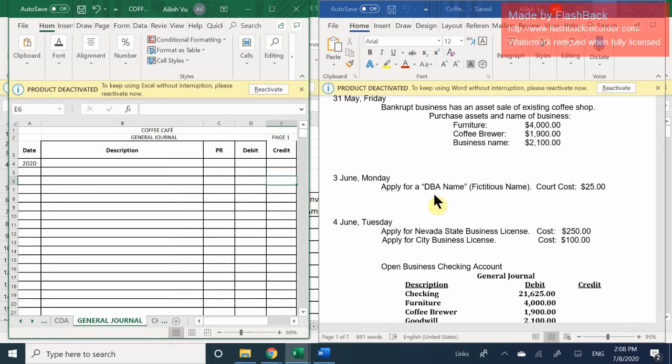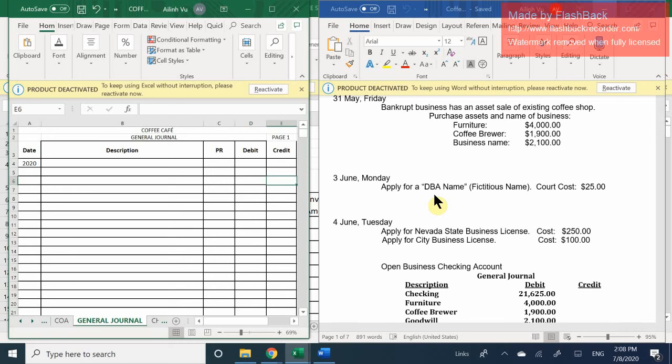Now, I only applied for the business license. It's not 100% valid just yet. Usually it takes about a week or two, depending on how good your business plan is. Then they'll send you either your business license or a file back saying we need more information. So this is just applying. So we're buying all this stuff and we haven't got it yet.